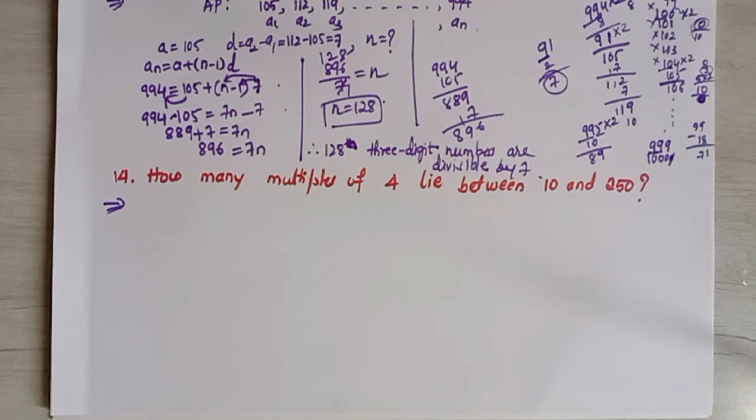14th question is, how many multiples of 4 lie between 10 and 250? So here also we have to find n, but here it is given that the multiples of 4 lie between 10 and 250.